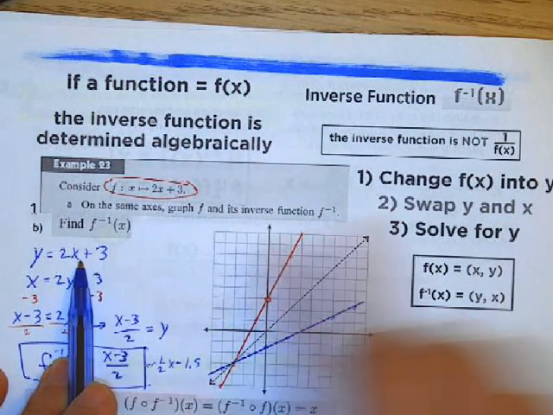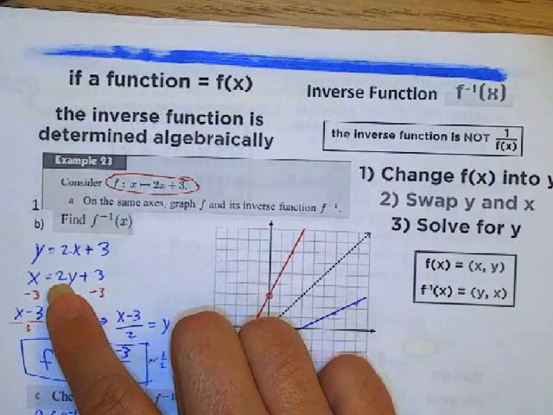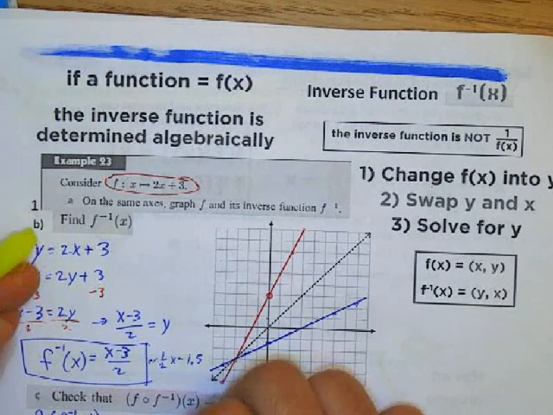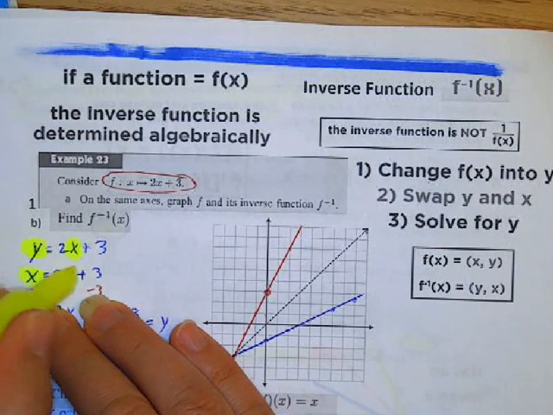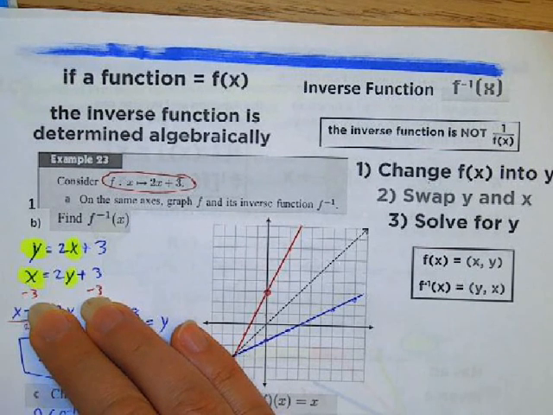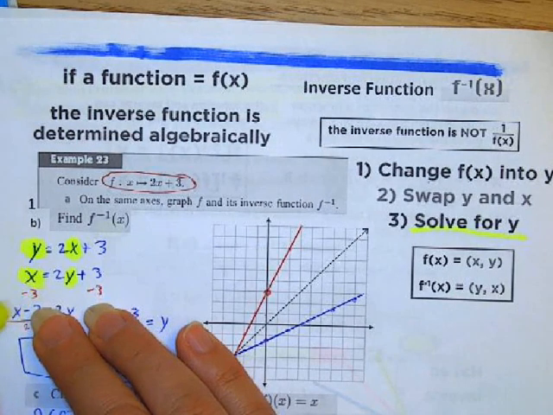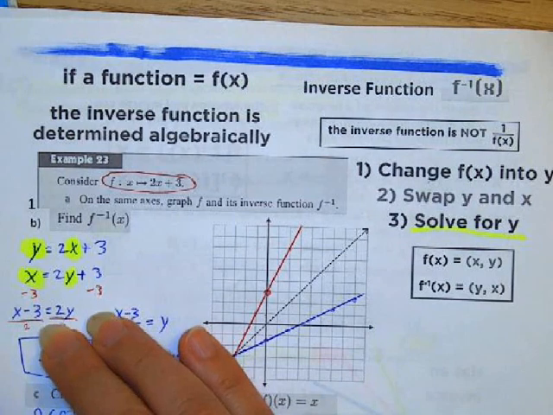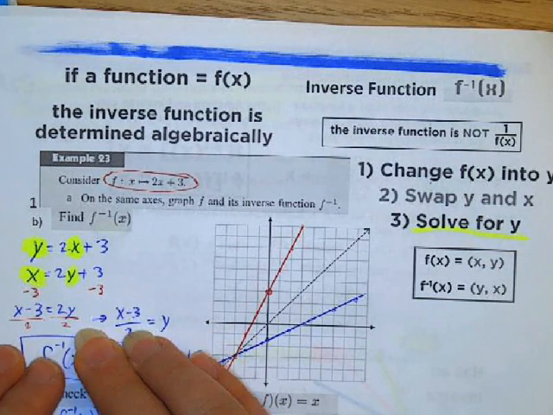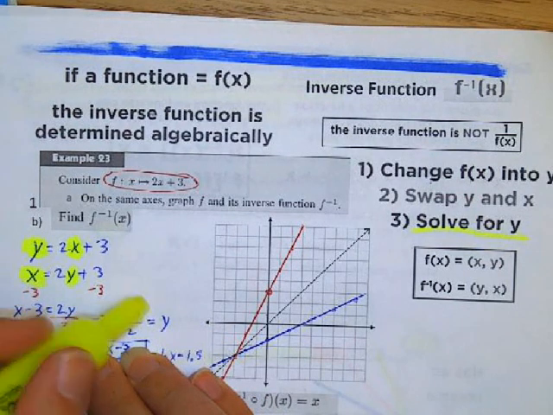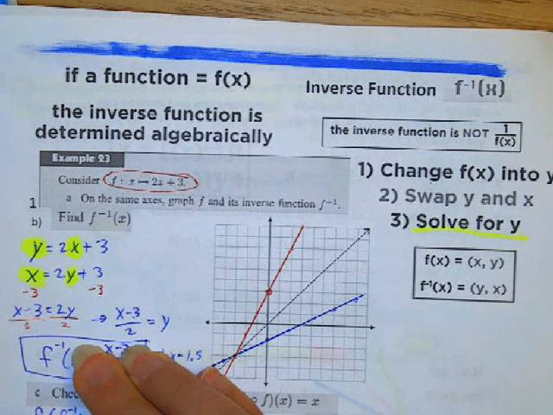Then we're going to switch y and x. I'm going to replace this y with x, and where I have x, I'm going to write y. And now the final thing is we're going to solve for the new y. So I subtract 3 on both sides, and I get x minus 3 equals 2y, and then the final step to solve for y is to divide by 2, and I end up with x minus 3 divided by 2 equals y.